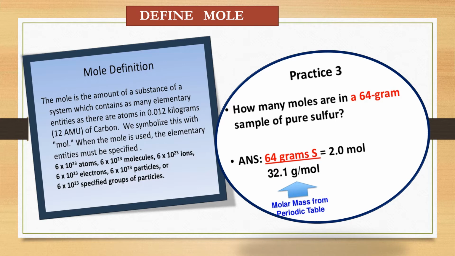So it's actually 32 gram per mole, and they have written here 32.1 molar mass. This is called molar mass from the periodic table. But actually this portion is not the answer. The answer of this question is 2 mole, and you can find this by calculating 64 by 32.